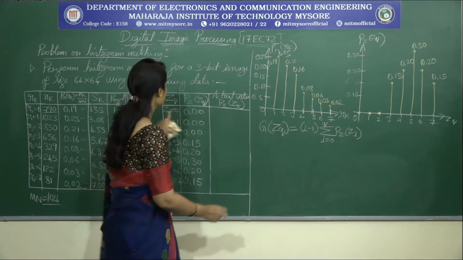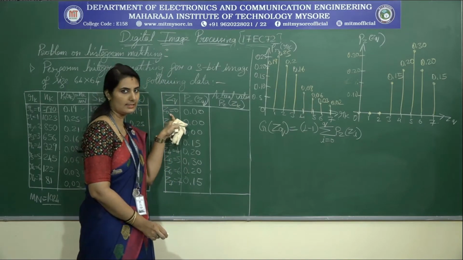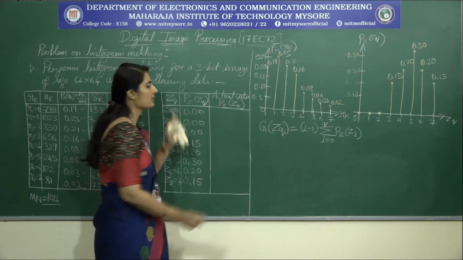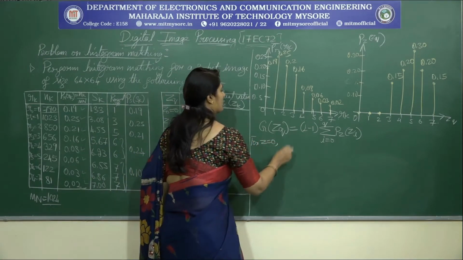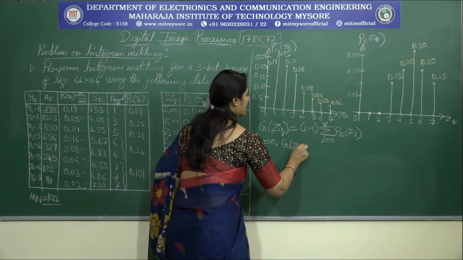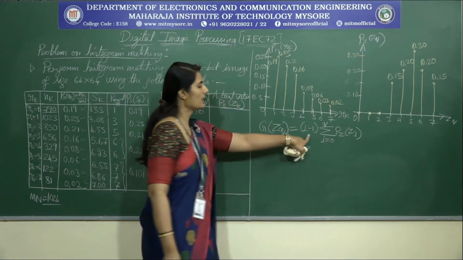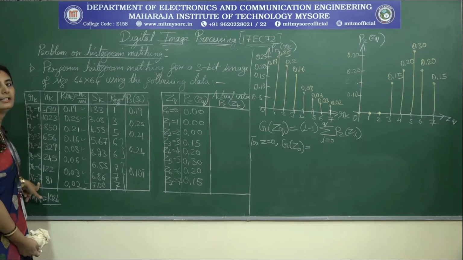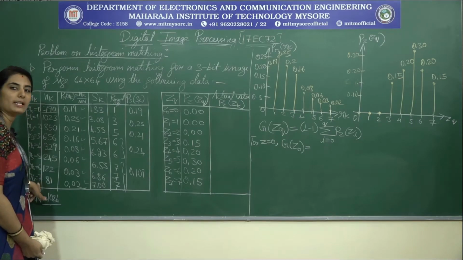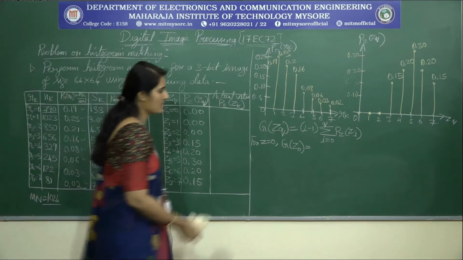Using this formula, first I'll find it for Z equal to Z0, that is Z equal to 0. For Z equal to 0, G of Z0 is equal to L minus 1. What is L minus 1? The maximum number of intensity levels here is 8, so 8 minus 1 is 7.